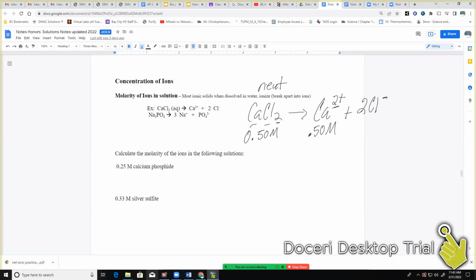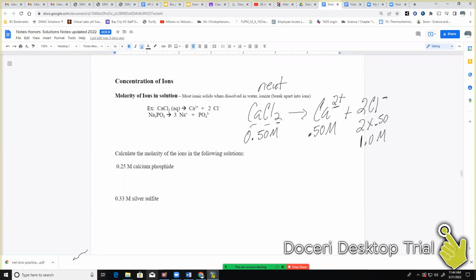My chloride, because it has this 2 times 0.50, is going to give me 1.0 molar. So if it's no coefficient, it's going to be exactly the same concentration. If it does have a coefficient, you're going to have to do that little multiplication. Notice you still have to worry about sig figs. I started with 2, so each of my others had to also be in 2.